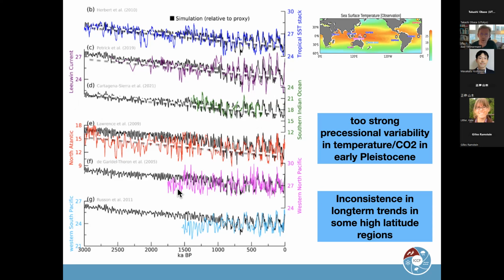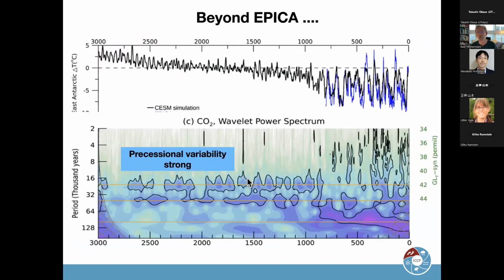However, in some other records, such as in the Western North Pacific and South Pacific SST records, we can capture this variability amplitude-wise quite nicely, also timing-wise. However, these records, interestingly, don't show any gradual cooling. They're pretty much flat. So that leaves some room for interpretation as well as discussion.